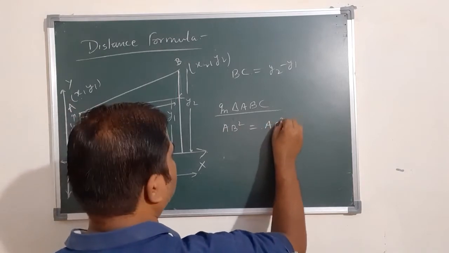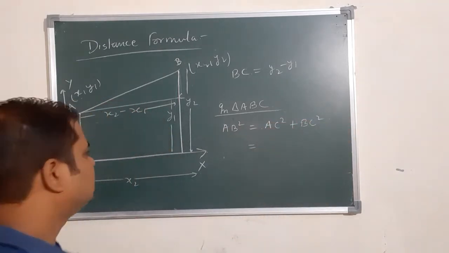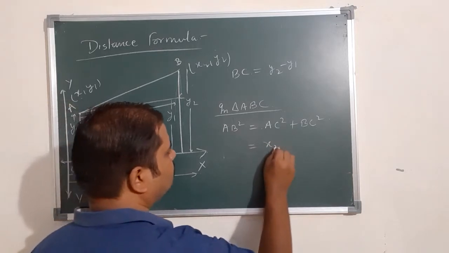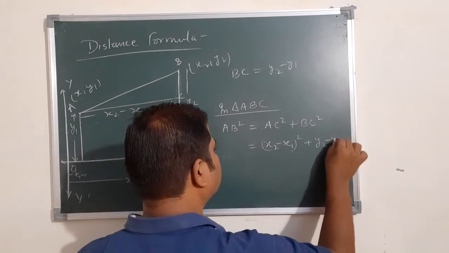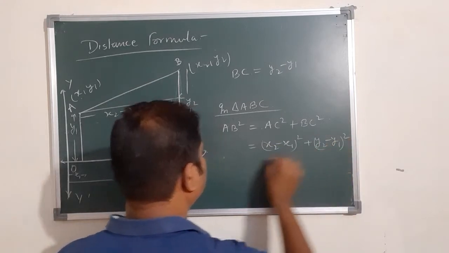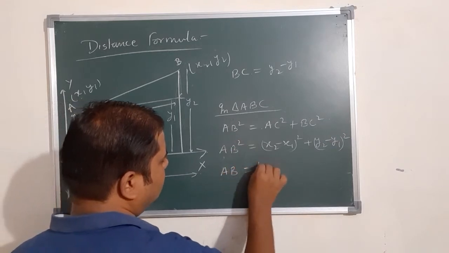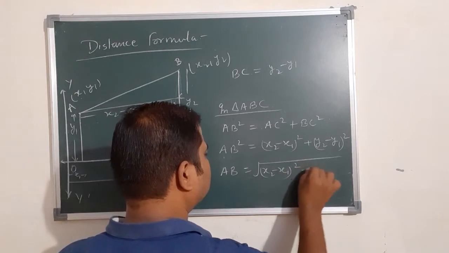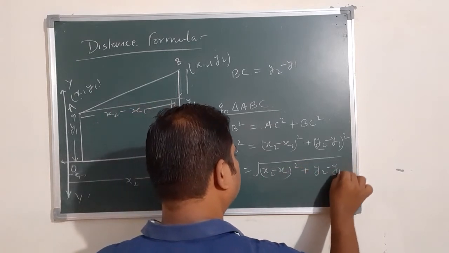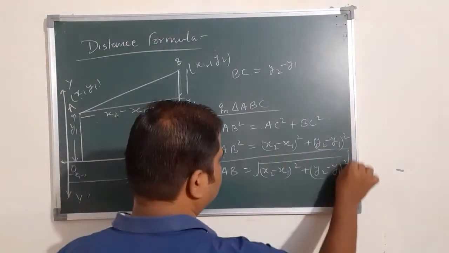AC is nothing but x2 minus x1 whole square plus y2 minus y1 whole square, this is AB square. Then AB is root of (x2 minus x1) whole square plus (y2 minus y1) whole square. This is the distance formula.